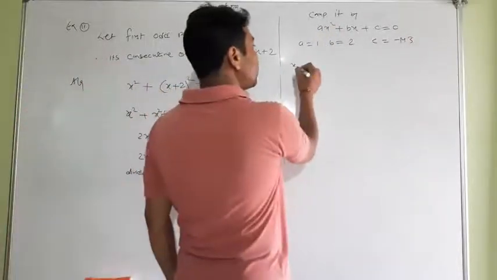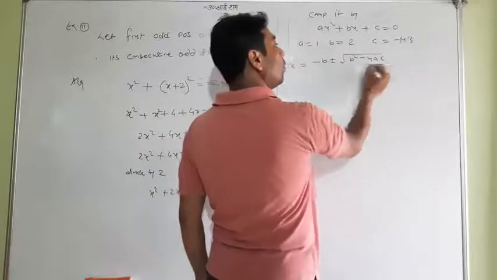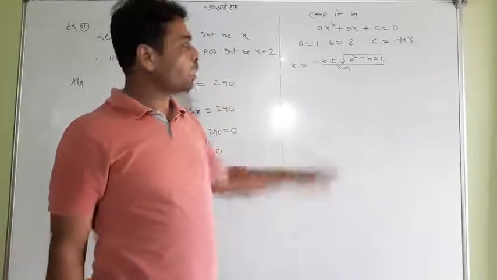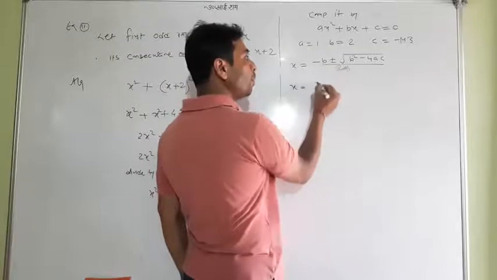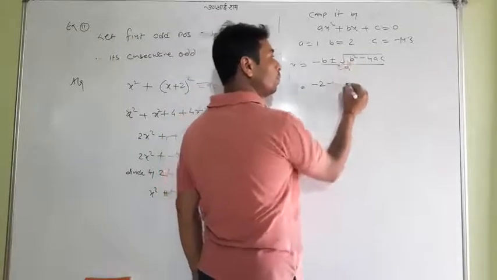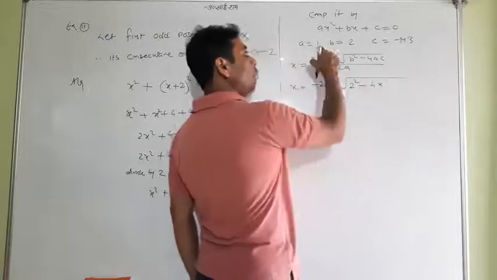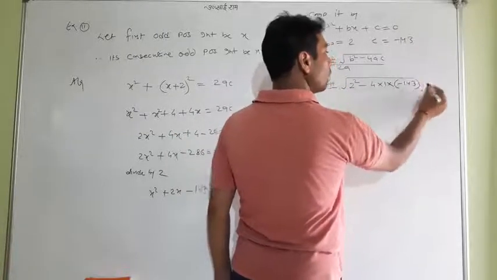Now x is equal to, what is the formula? The formula I derived in the last board. Use it and put in all the values. Minus b, minus 2, plus or minus square root of b square, 2 square, minus 4 into a into c, upon 2a.